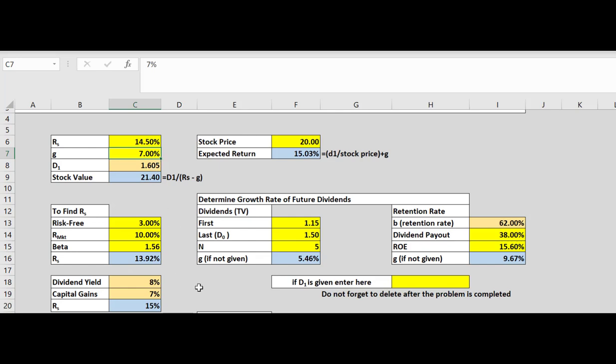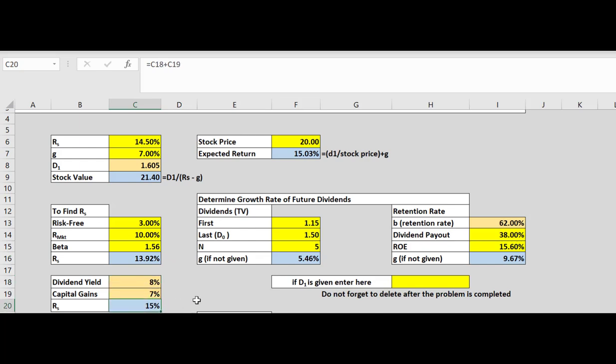The growth rate in our formula is assumed to be capital gains. Dividend yield in this case, we just take the future dividend and divide it by the price. Given what we think is going to happen to dividends, we think the company will have a rate of return from dividends of 8%. Add those two together, and that gives us 15.